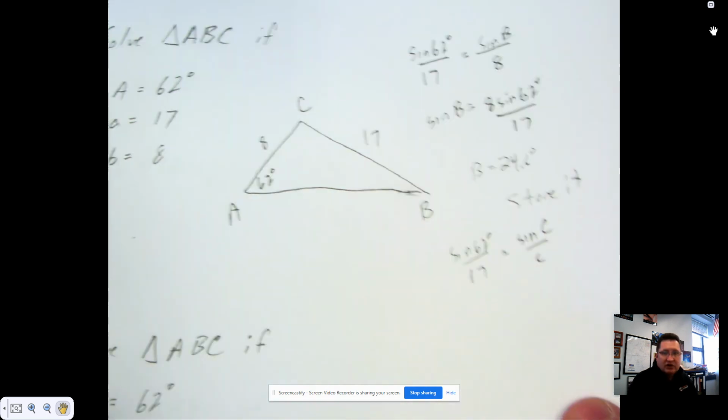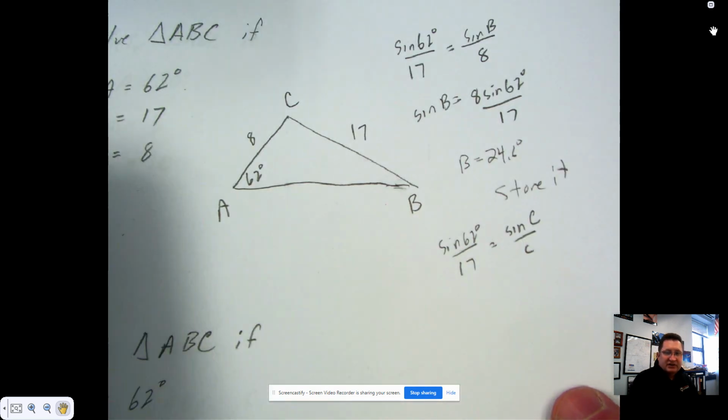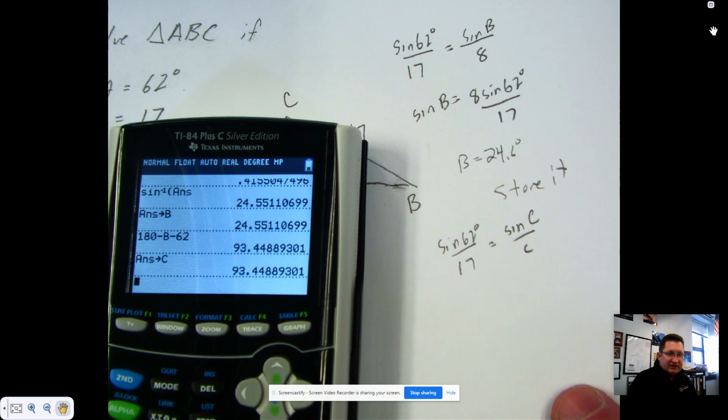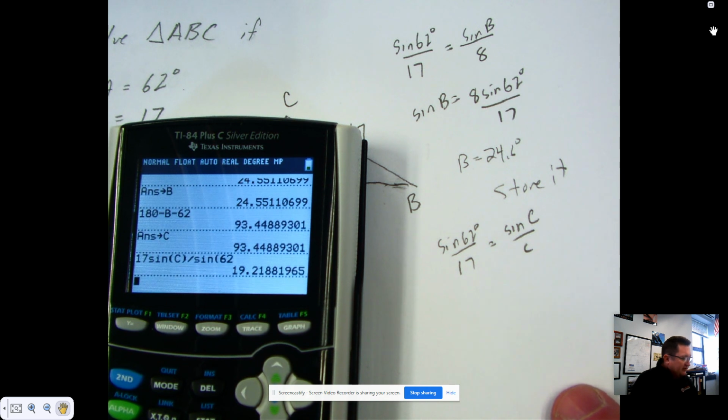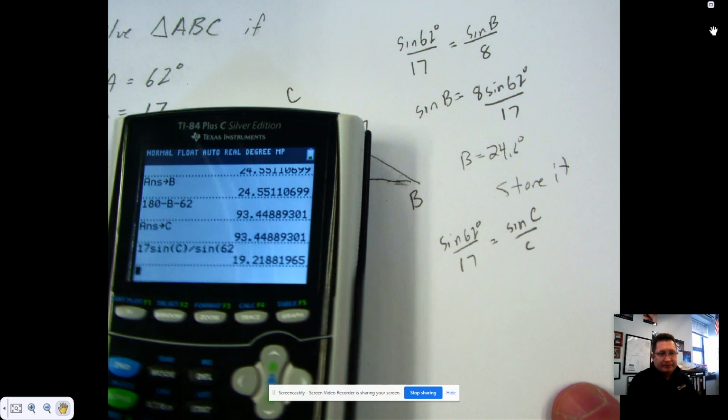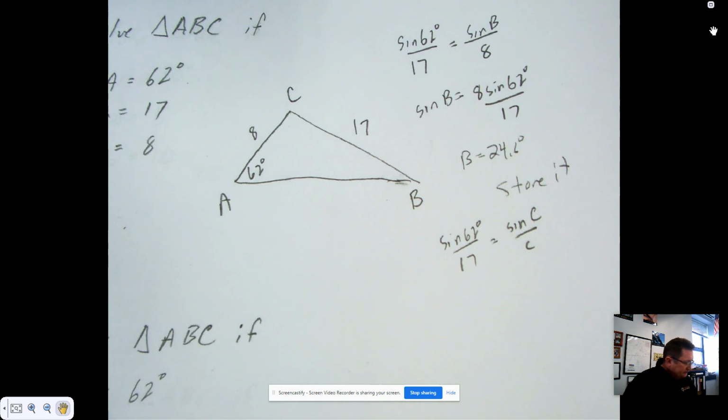But we have big C, so little c is 17 times the sine of C, and then divided by the sine of 62. Maybe I won't write everything down, but you would get that for side c. Now, since it's a side, you don't need any inverse keys. Okay? All right.